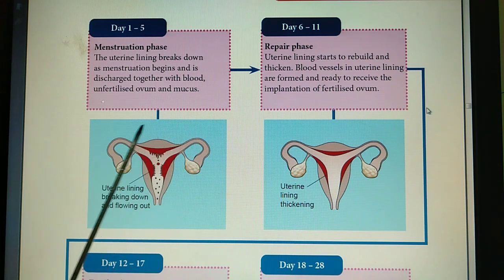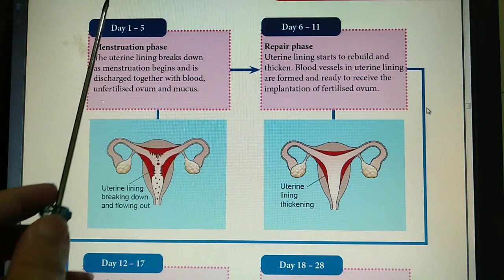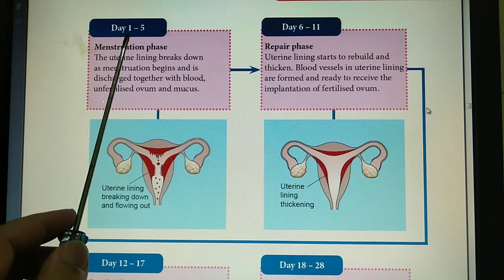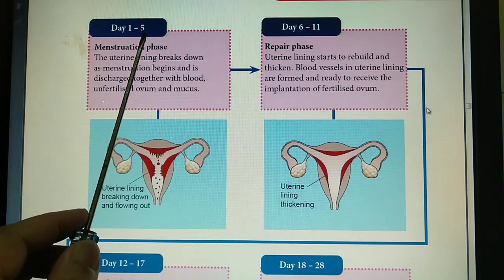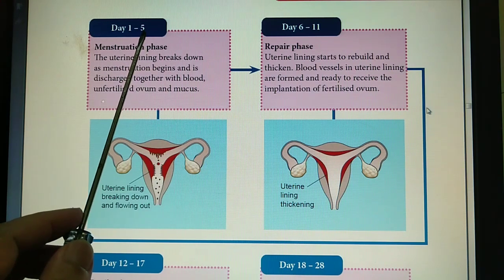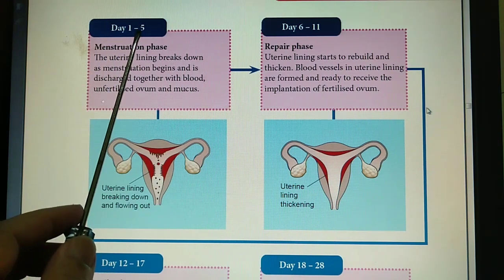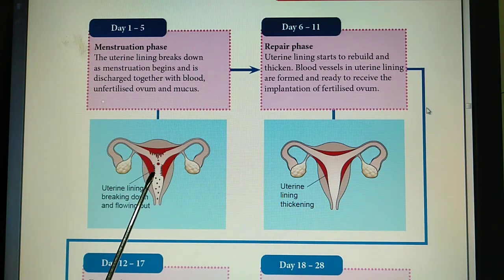This is exactly what happens during the menstruation phase that will start from day 1 and finish at day 5. Maybe at day 5, the blood flow will decrease slightly and no more blood flows out from the vagina.